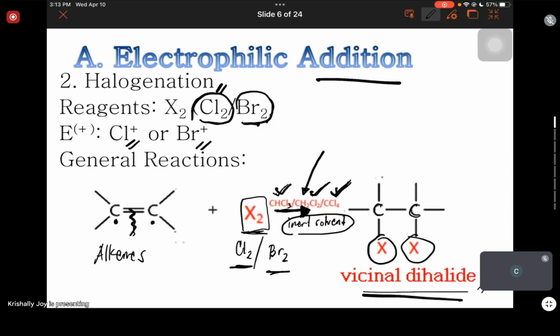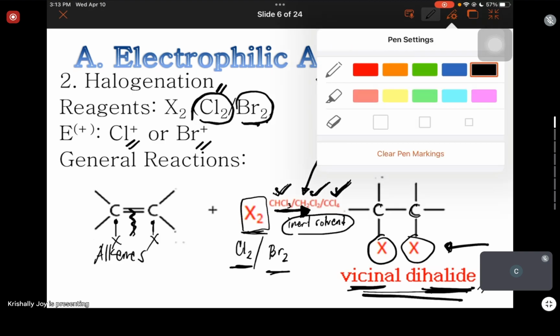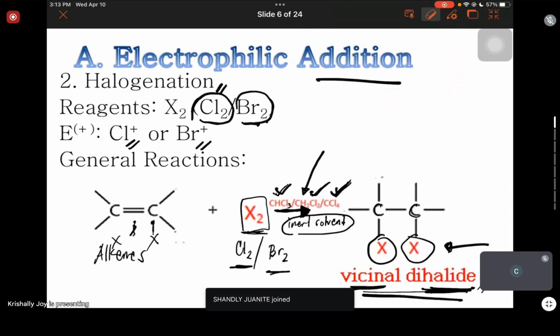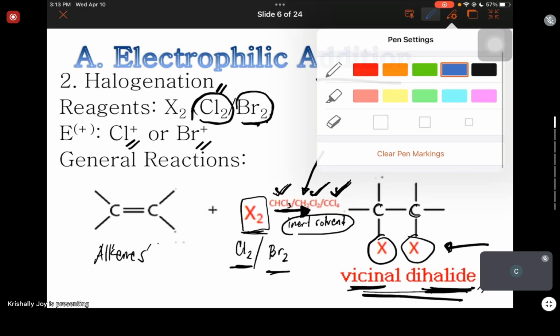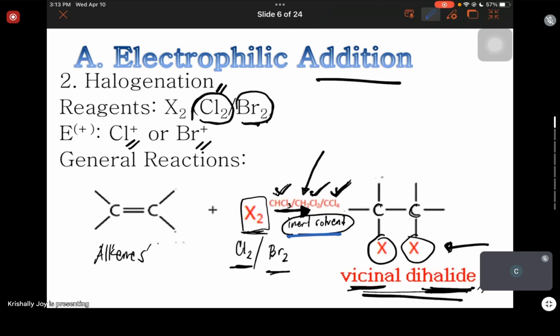Then vicinal dihalide ang atong product. Naa kay i-add nga halogen sa kabila, meron din halogen sa kabila. Kaya vicinal dihalide, magkatabi yung dalawang halogen. Nakuha? So again, yan yung product if ang halogenation occurs in the presence of these inert solvent.